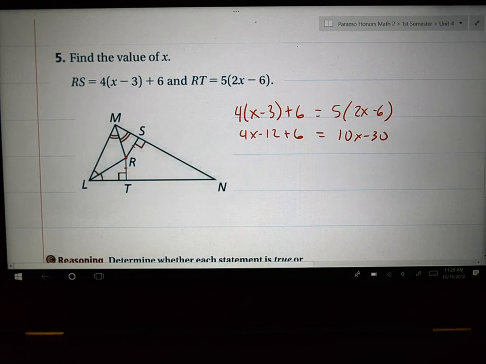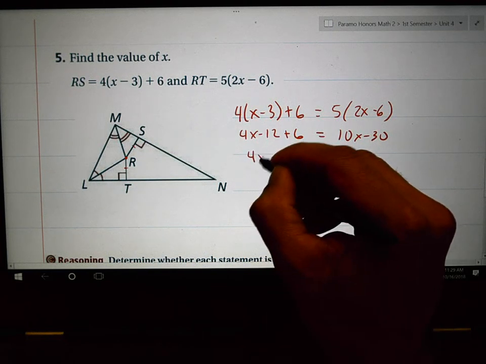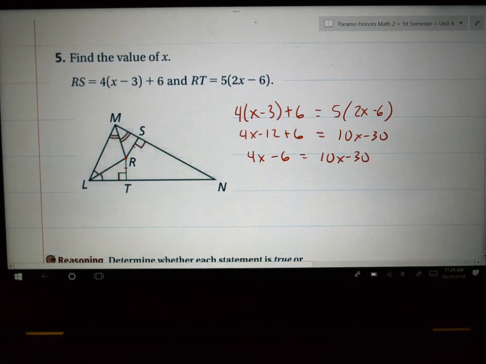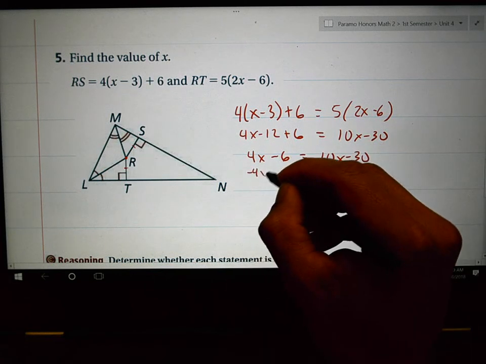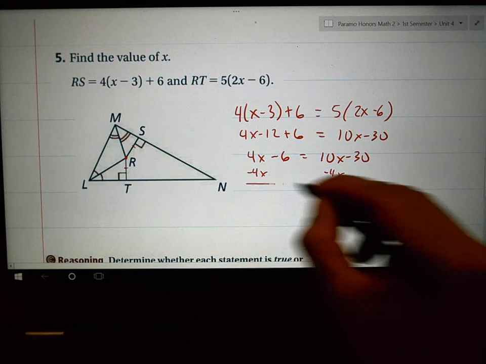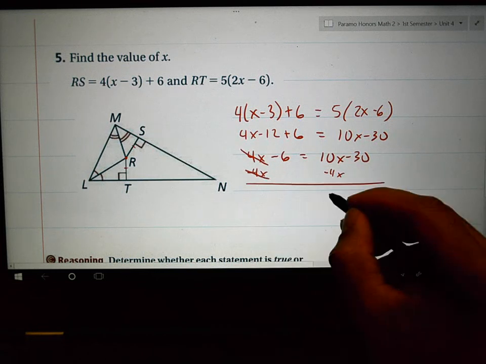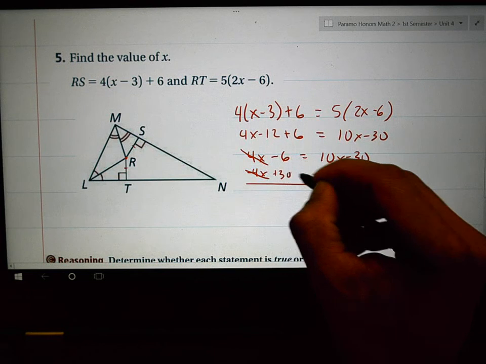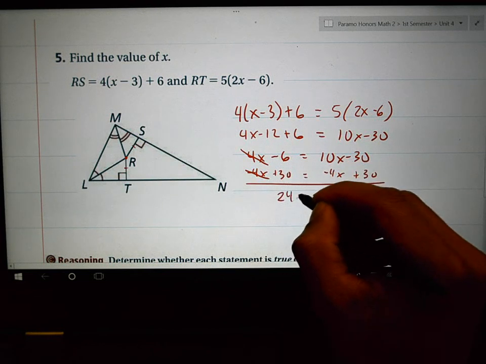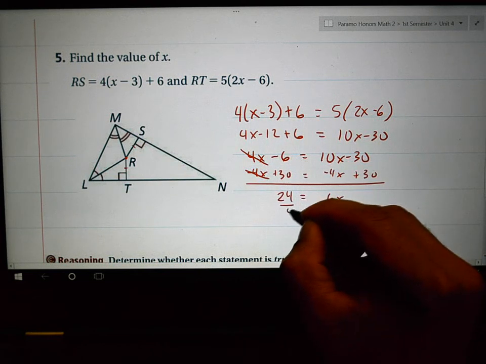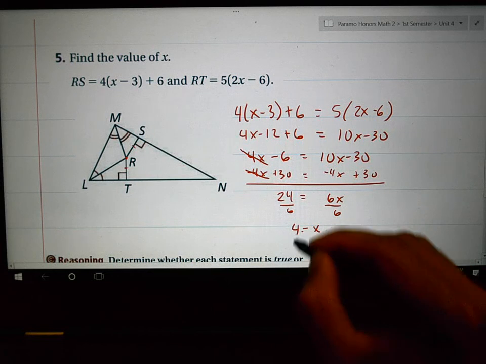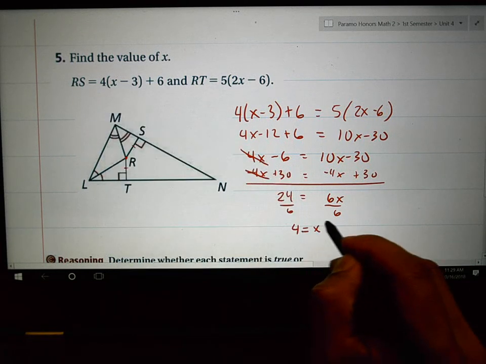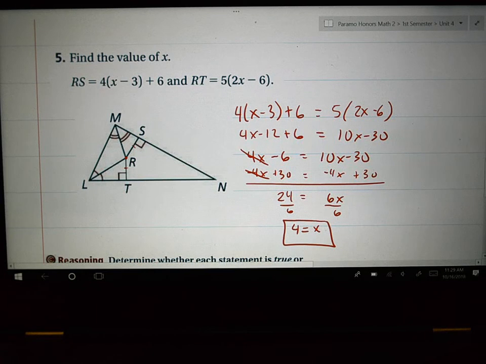Put your like terms together. Subtract 4x from both sides. Add 30 to both sides. I got x is 4. Is that what you guys got?